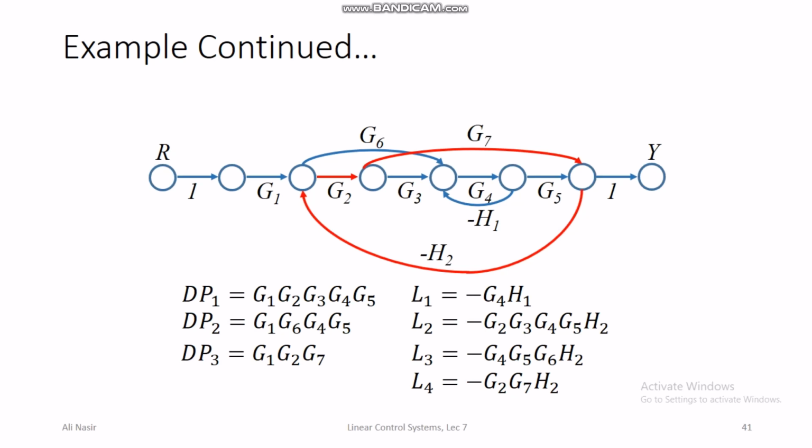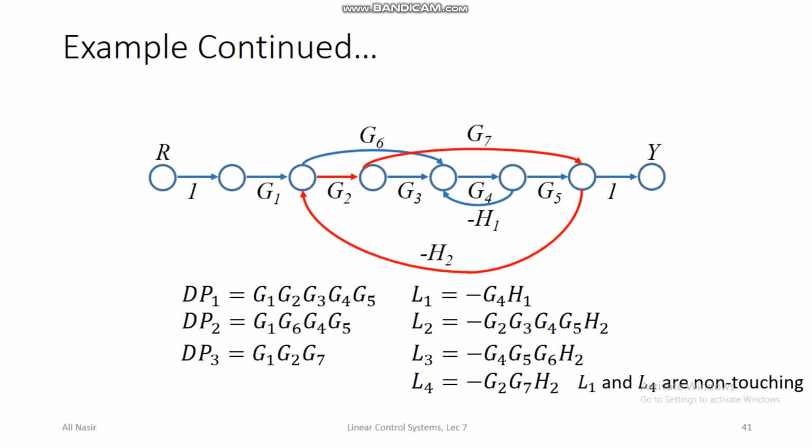Okay, but there is something to notice here, that is that L1 and L4 are non-touching loops. You can see that the nodes involved in L4 are the third, fourth and seventh node.